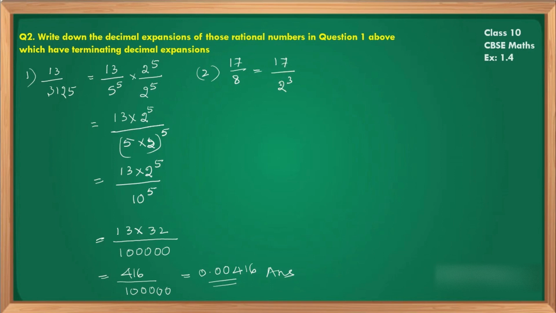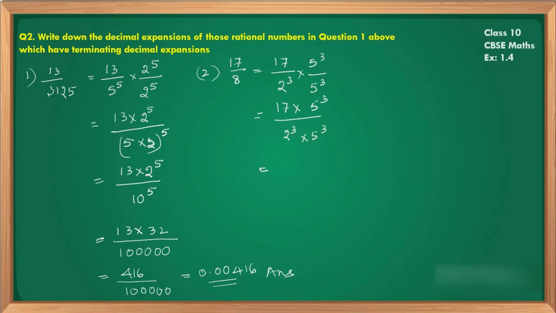As I said, in the denominator, you need to have the pair of 5 and 2 with the same power. Here what we don't have is 5 cube. So let us multiply 5 cube both on the top and bottom. Now we can write 17 into 5 cube on top, and in the bottom, 2 cube into 5 cube.